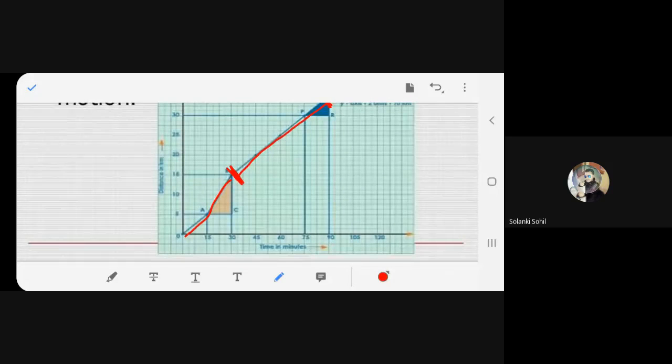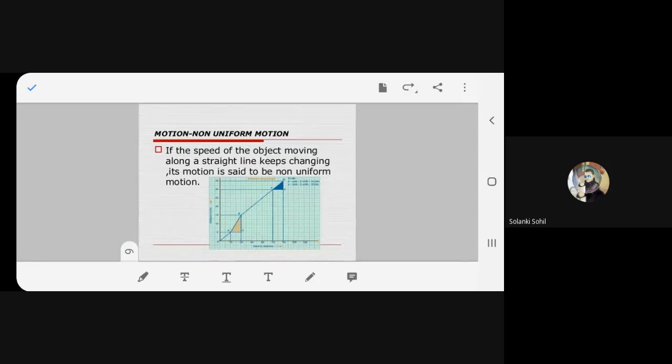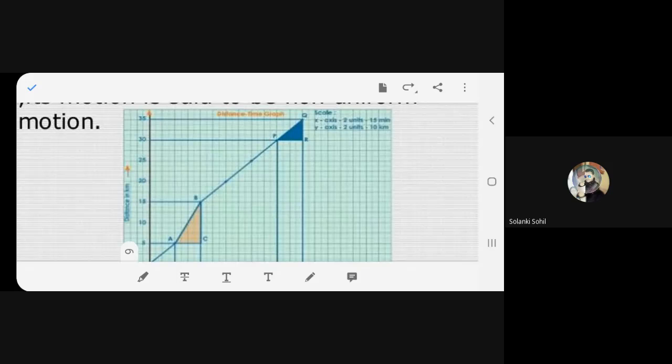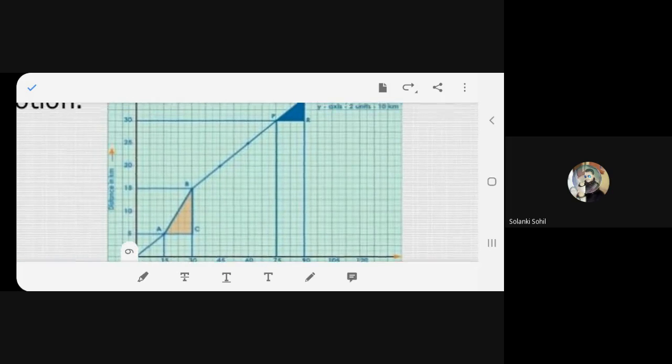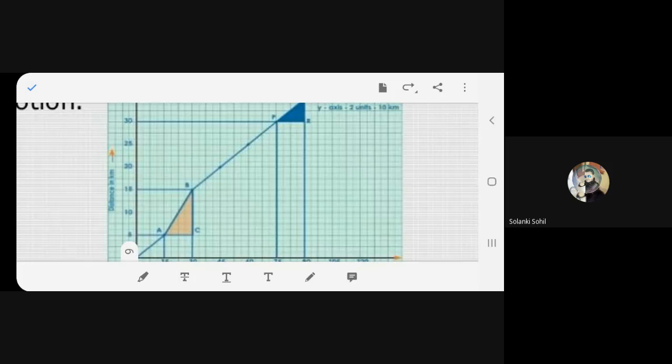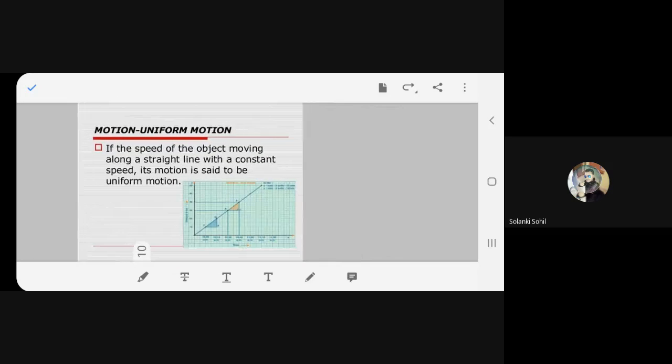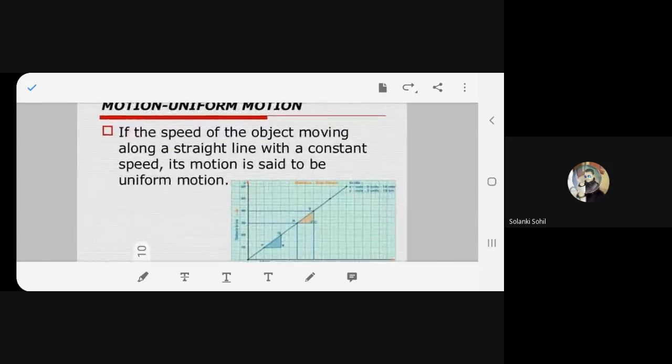So this is non-uniform motion, because the lines are not straight. They are uneven lines. Now we call it uniform motion.